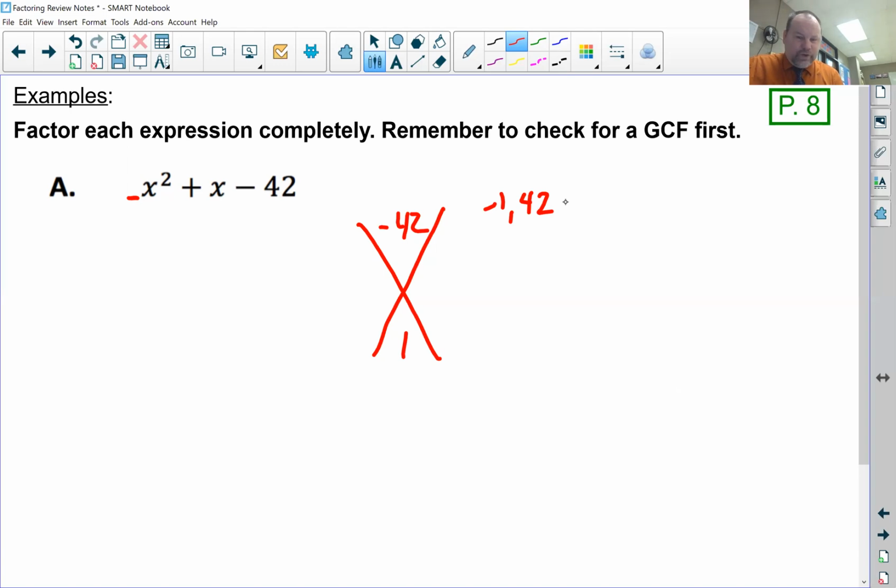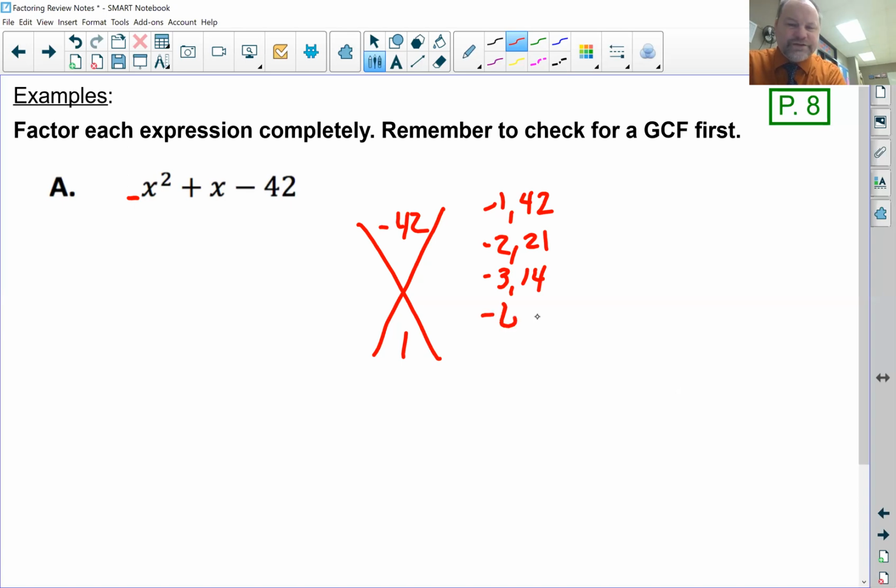That doesn't add to 1, although I am always amazed at the number of students that put that as their answer because they see the 1 here in the middle. Negative 2 and 21 doesn't add to 1. Negative 3 and 14, but that doesn't add to 1. 4 is not going to be a factor. 5 is not going to be a factor because 42 doesn't end in 0 or 5. 6 will be a factor because both 2 and 3 are factors.